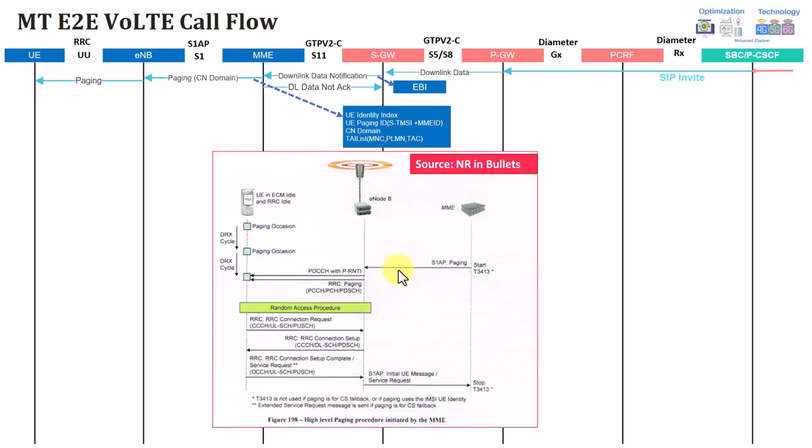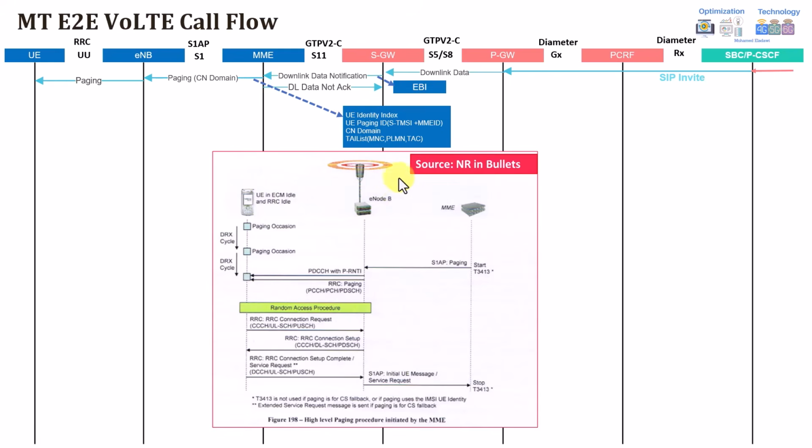Now I need to recall some important information about how the eNodeB will know the information about particular users, for example, the frame number and the UE identity. If you remember, we mentioned that we have the UE identity index. This is used by the eNodeB to calculate the paging frame, the PF.